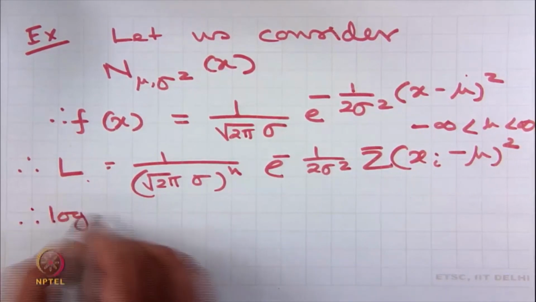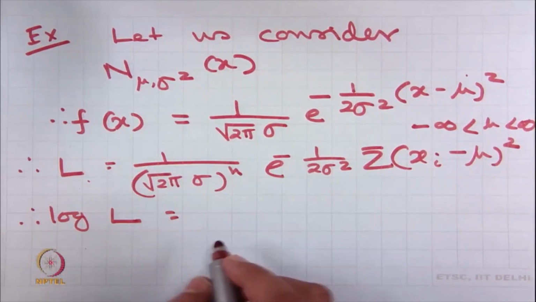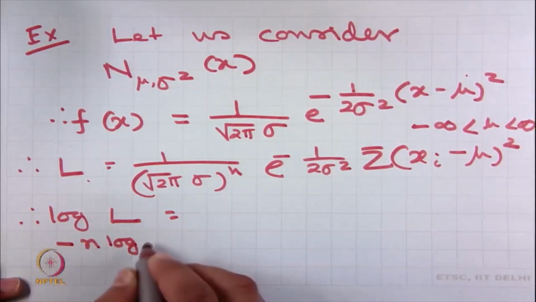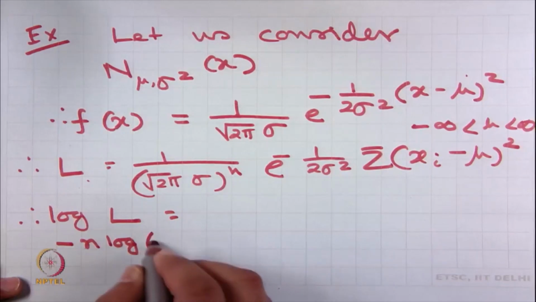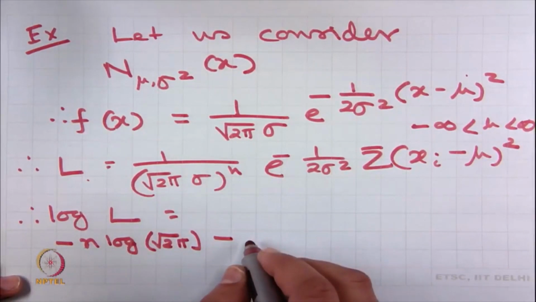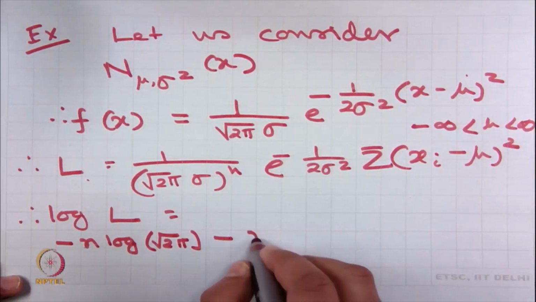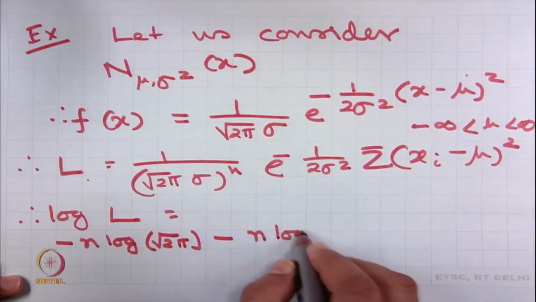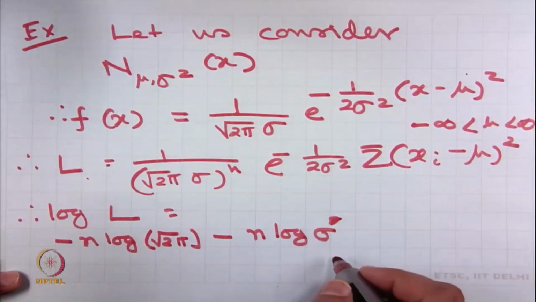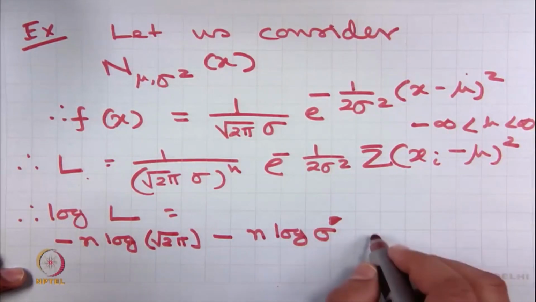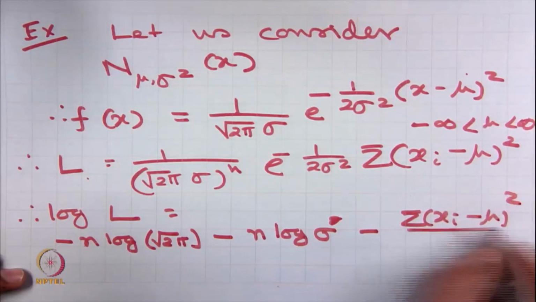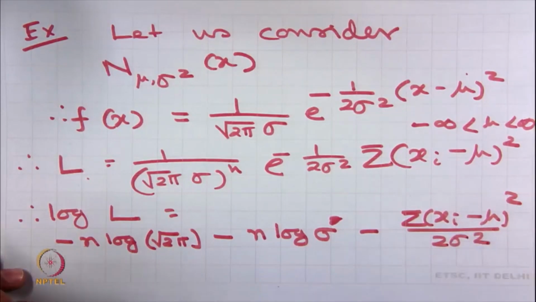Therefore, log L is equal to minus n log root over 2 pi, this is from here, minus n log sigma, minus sigma xi minus mu whole square divided by 2 sigma square.